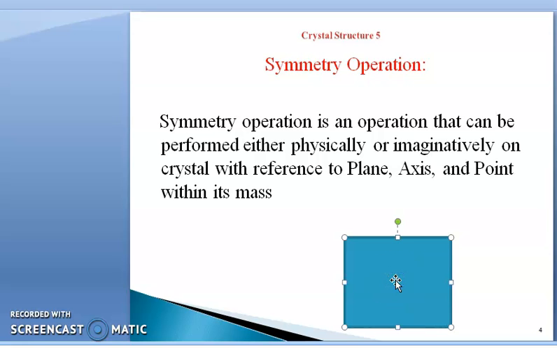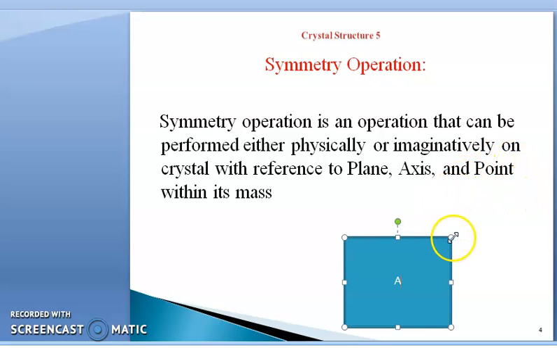Suppose this point is A. Through this point, if a line is allowed to pass perpendicular to this surface, then if we rotate this figure either clockwise or anti-clockwise through 90 degrees, what happens? It becomes as it is. I mean, this is by using the axis or by using a point.